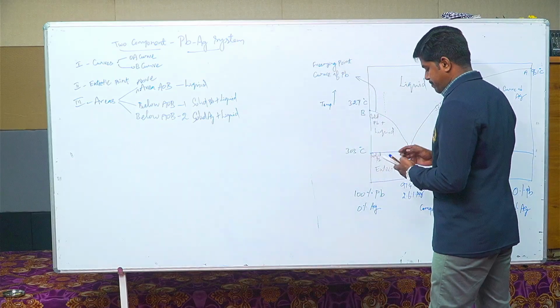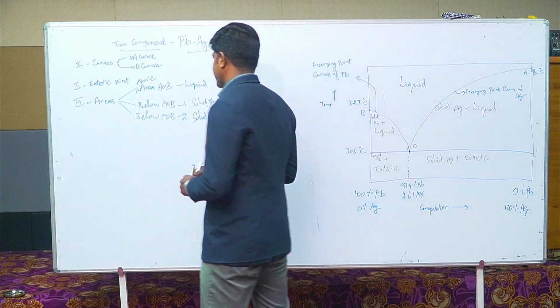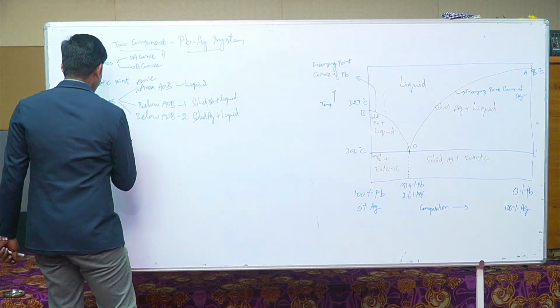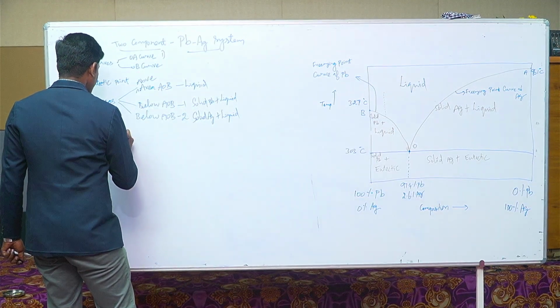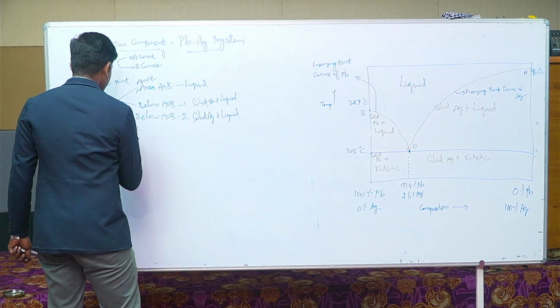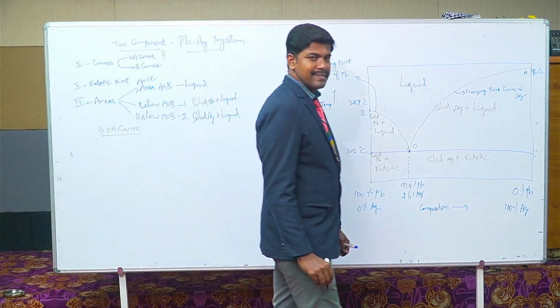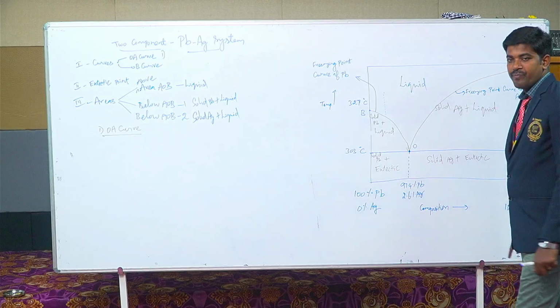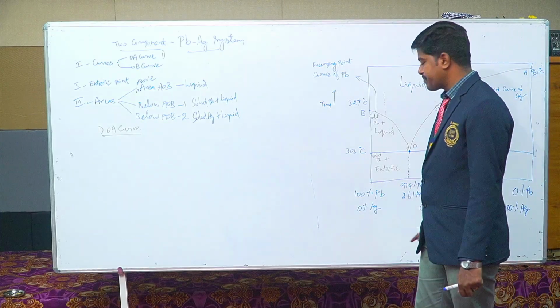Let me start one by one. I'll start with the curves. The first one is the OA curve. Now I will write the equilibrium reaction existing in the OA curve.